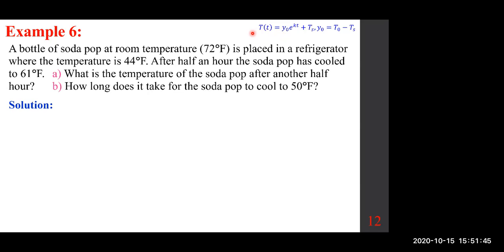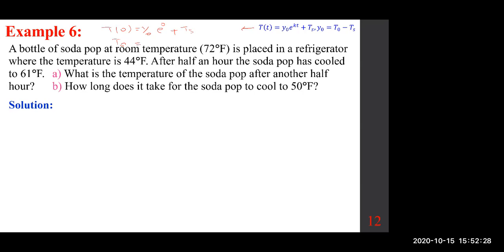So I want to quickly show you something. Let's use it. If I write T of 0, everybody, then we have y sub 0 e to the power of k times 0, that means 0, and then plus T sub s. I hope everybody can see what I'm doing. In this formula, replace the lowercase t with 0. That's what you get. Okay. Now, T of 0 is the same as T sub 0.